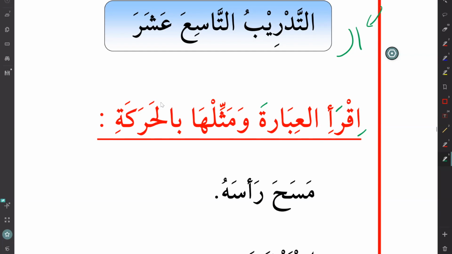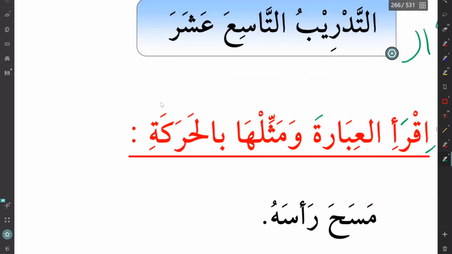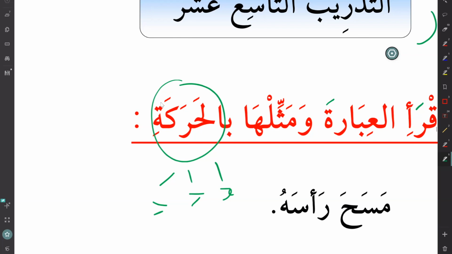ومثلها بالحركة. It's interesting, this word haraka, we've been using it so many times. What is haraka? If we use it as fatha, dhamma, kasra, we have them as vowels. But this is a technical definition, meaning it is not the actual linguistic definition.